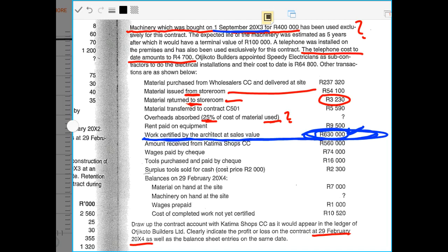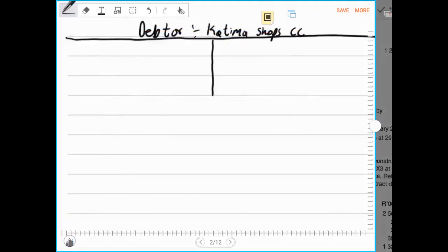So the minute the architect evaluates, is satisfied and says the price for this work is this amount, that amount becomes due to us as the company or the contractor. So now the minute it is due to us, our client will immediately owe us the 630,000.